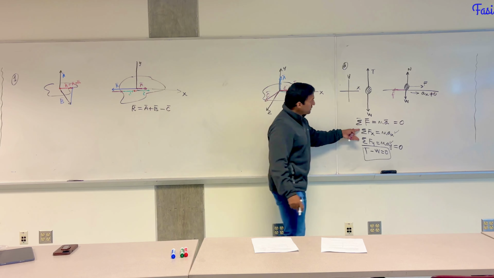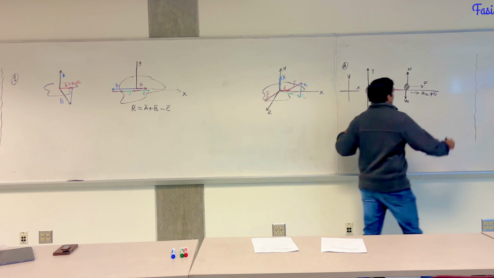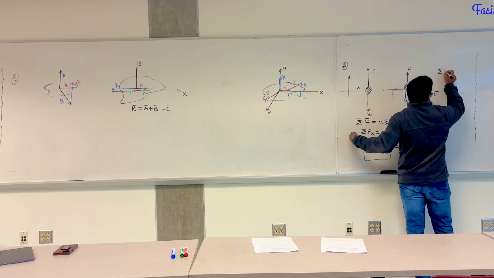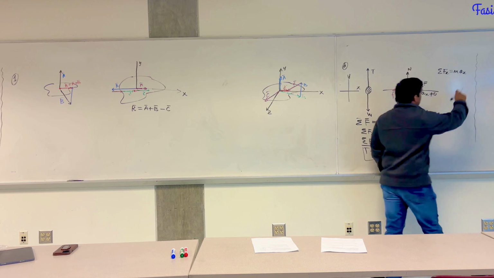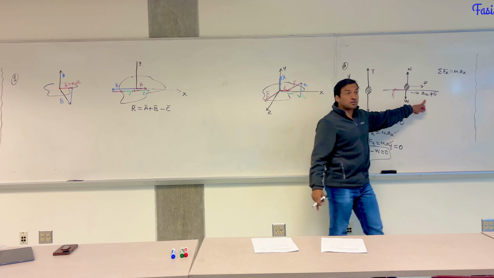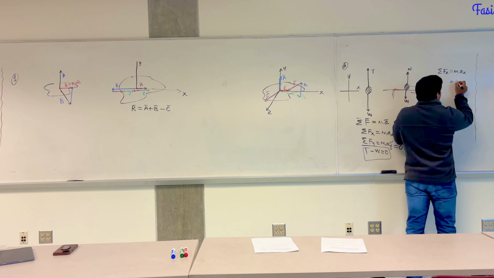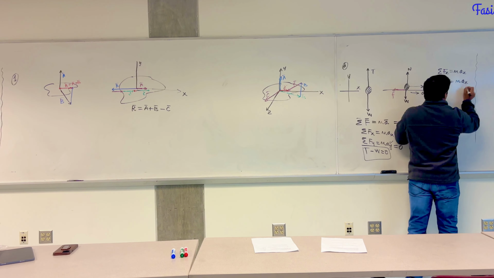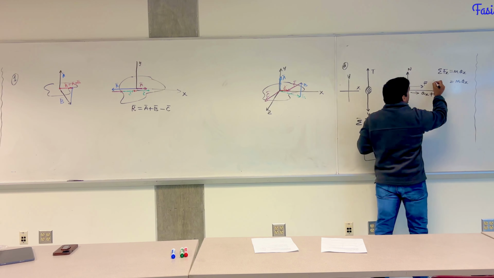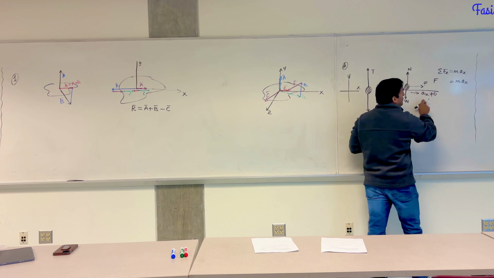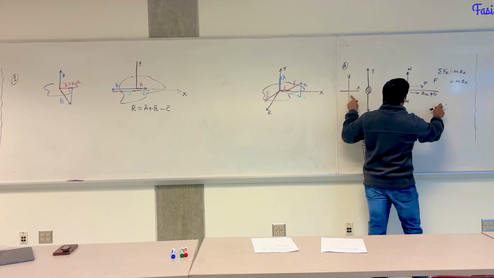Again, we are going to use these two equations. The first one, summation Fx equals max, tells us that since acceleration is not 0, the right hand side is not 0. On the left hand side, F, the force that the boy is exerting, is positive because it goes towards the positive x-axis, this convention.